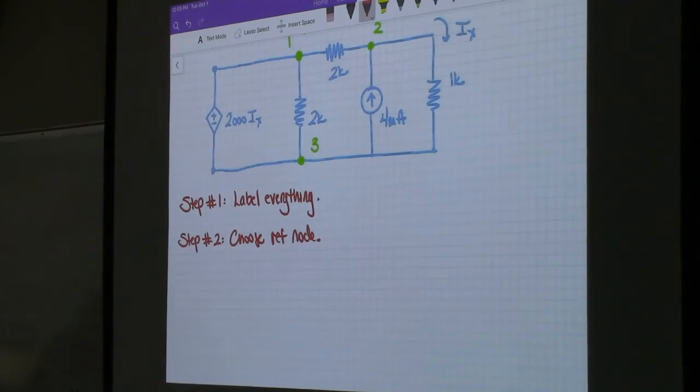So even though this is a dependent voltage source, in terms of ranking difficulty, you want to go with any type of voltage source between reference and non-reference nodes over between two non-reference nodes. So that means we'll choose 3, right?